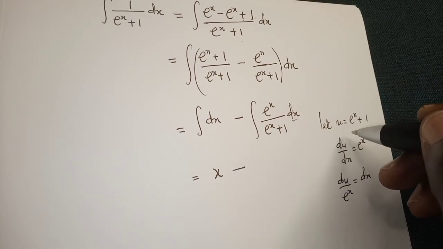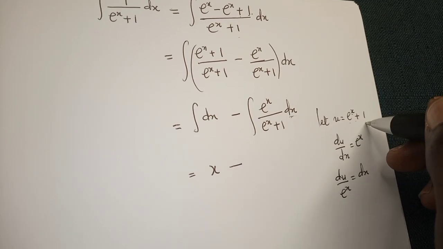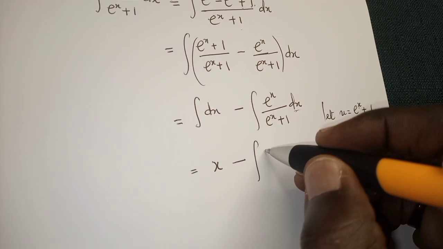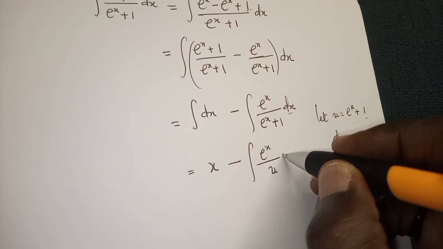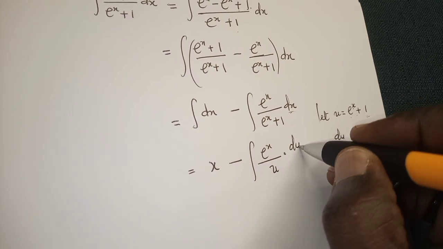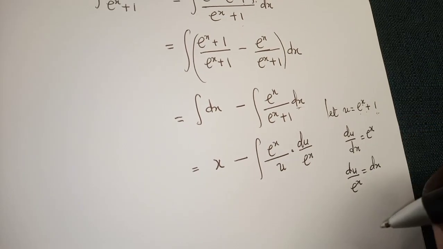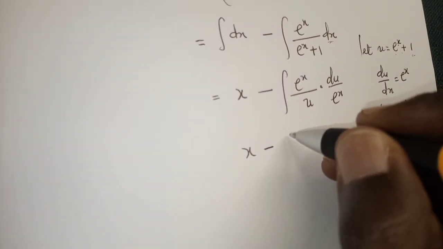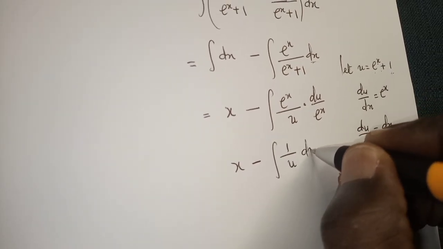And that will be the substitution for this. So in place of e exponent x plus 1, it should be u. So we have e exponent x on u, then times du on e exponent x, so that this and this will cancel out, and we'll be having x minus the integral of 1 on u du.